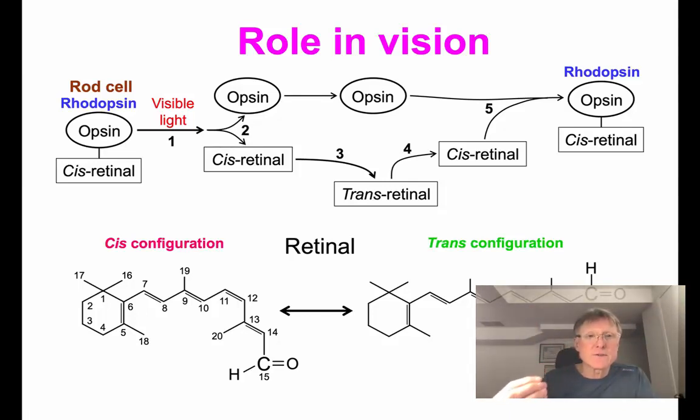So it triggers vision in your brain based on electrical activity that is generated in your eye and transferred to your brain through the optic nerve, and it allows you to see. So clearly, this form of vitamin A is an important component of the system that allows vision to occur.